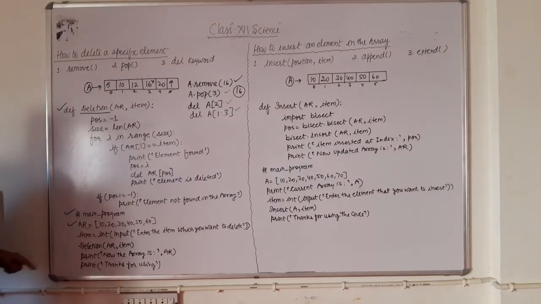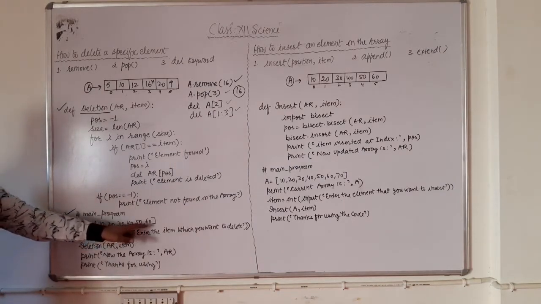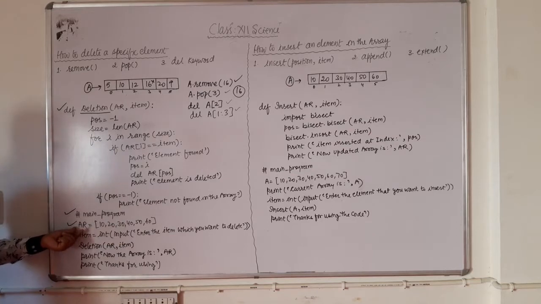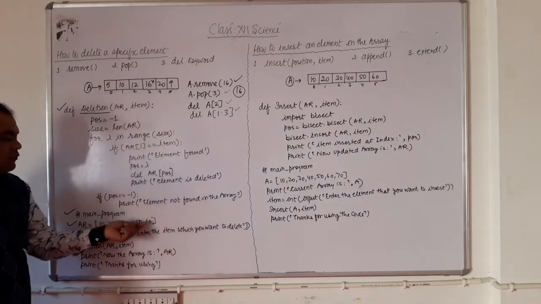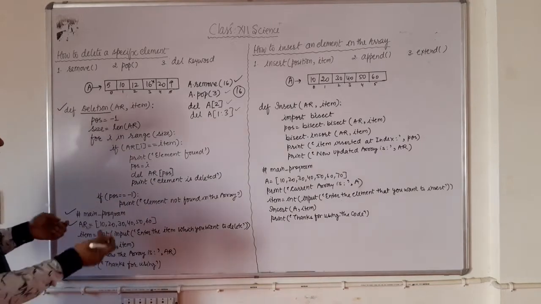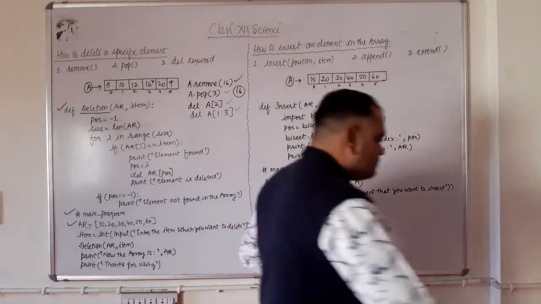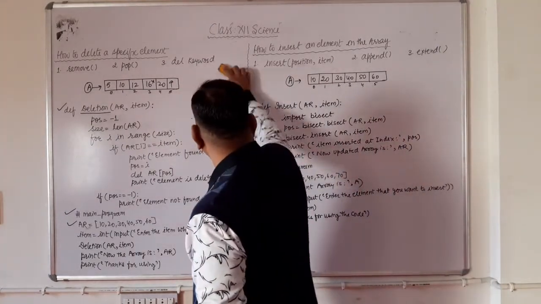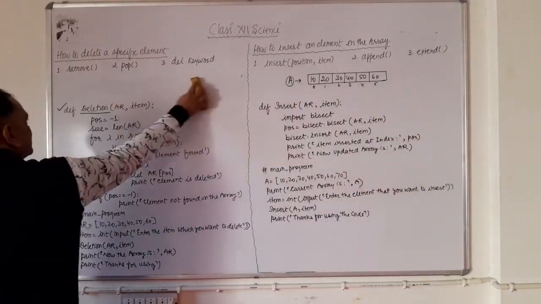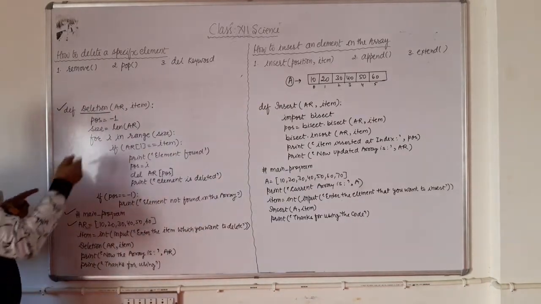Third line, AR = 10, 20, 30, 40, 50, 60, an array is created. Right, with values of the same data type: 10, 20, 30, 40, 50, 60. So I am going to create this array at this part. Now just see what is there in this array and how this function will execute on your system.